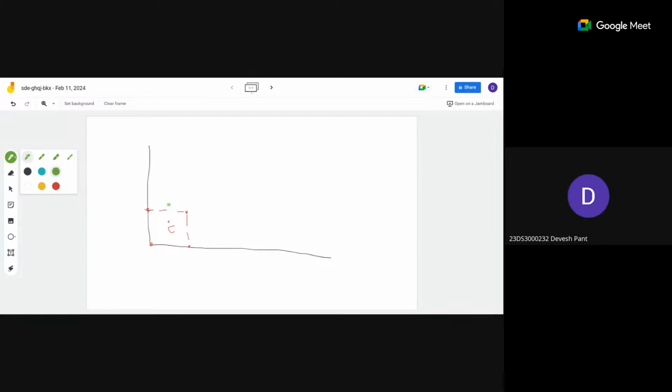Now let us say we have a point inside here. Let's say at the edge, just at the edge, we have the point. Now there's another centroid, and these are the points.